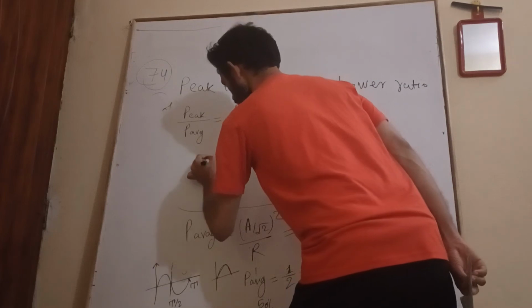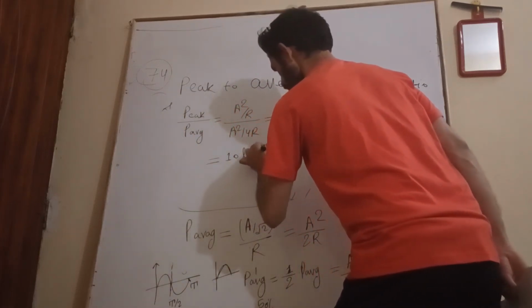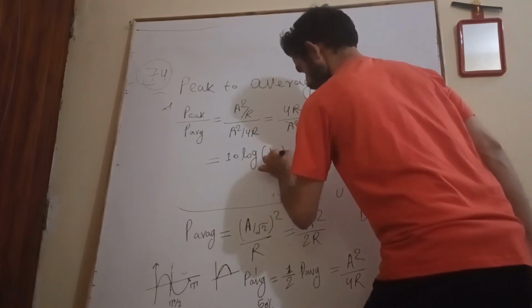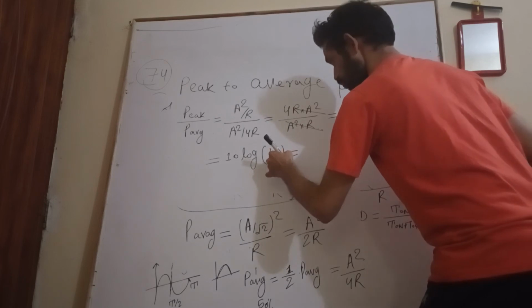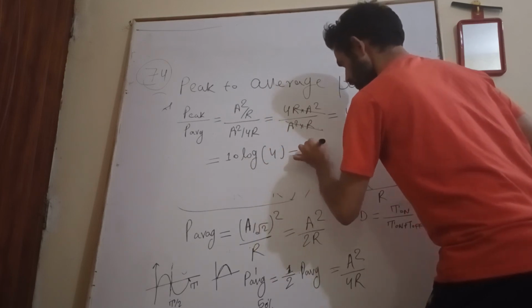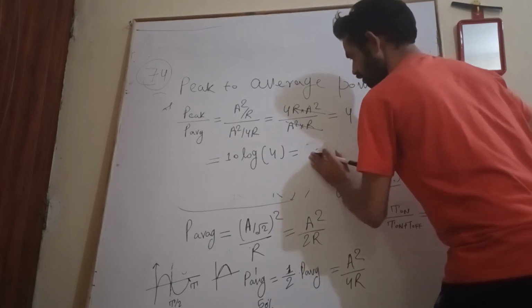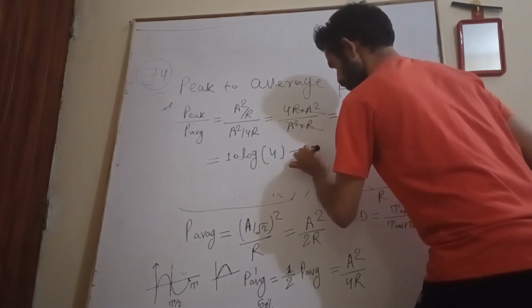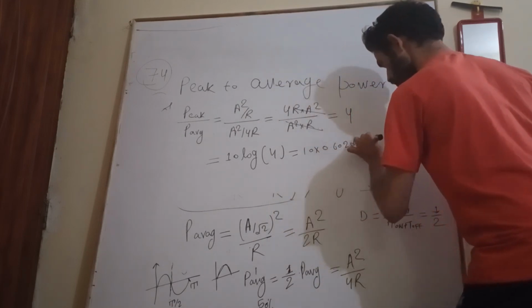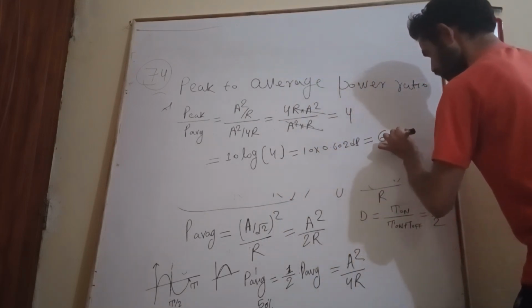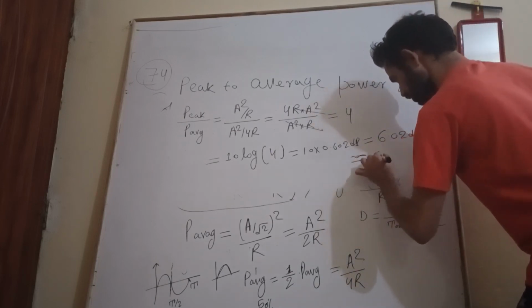And in dB it is 10 log 4. Log 4 is 0.602, so 10 log 4 is 6.02 dB, which is approximately equal to 6 dB.